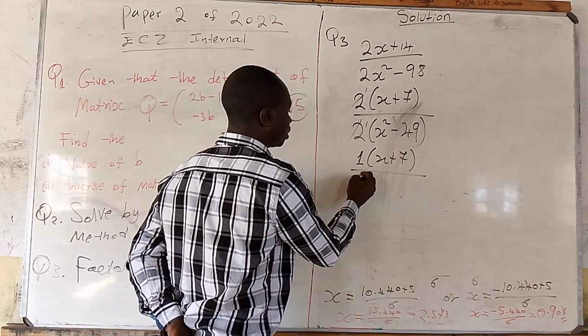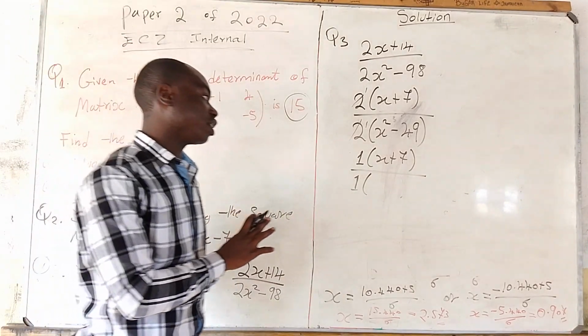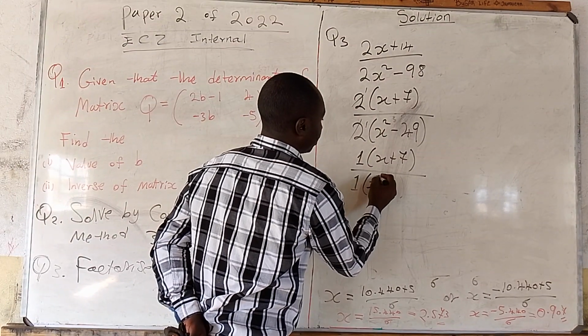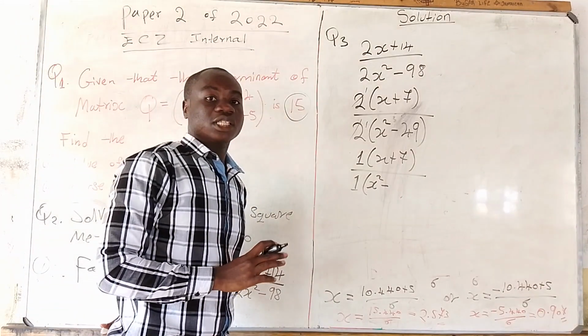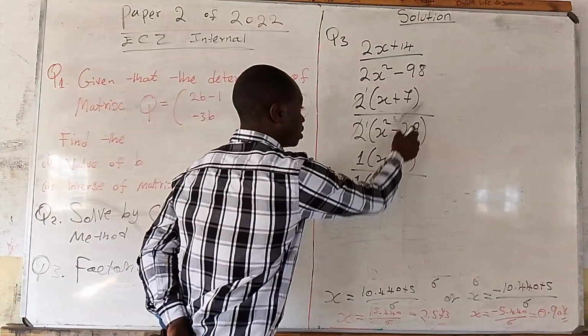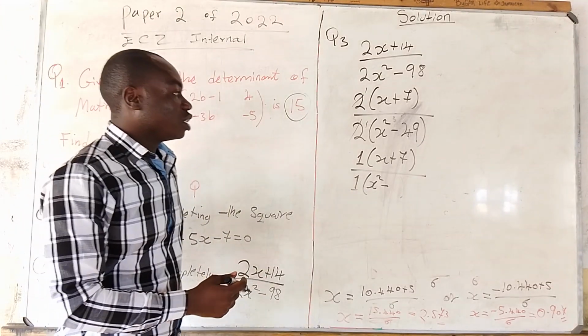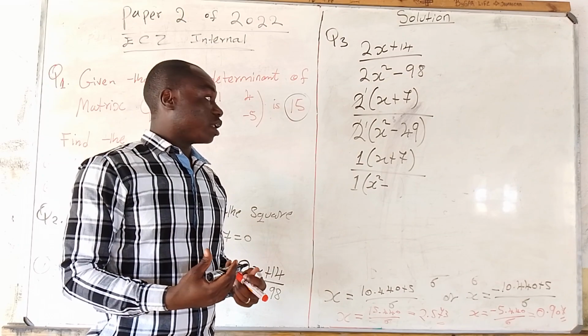I'm doing this step by step so that you can see clearly what is happening. Here, remember we have x squared minus 49. You need to write 49 in index form, that is the number that you can multiply 2 times to give you 49, or the number that you can put to power 2 so that you have 49.